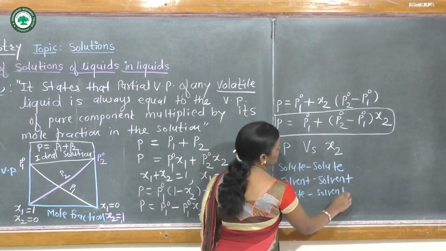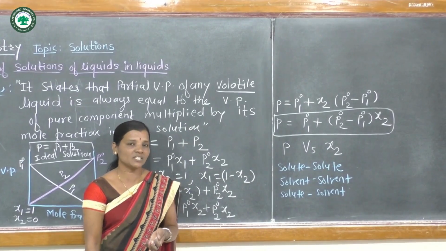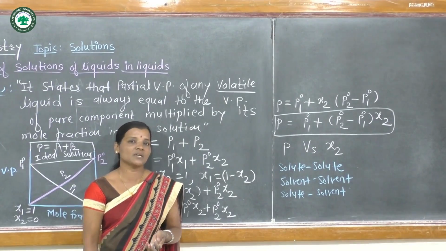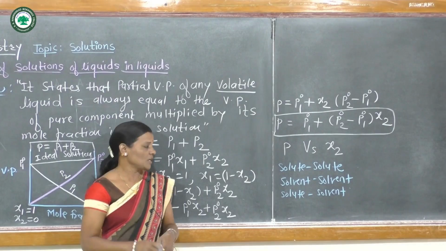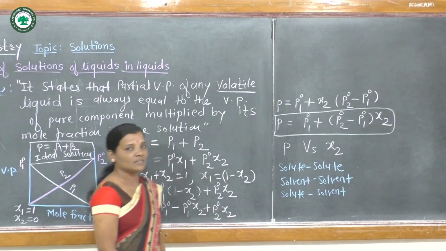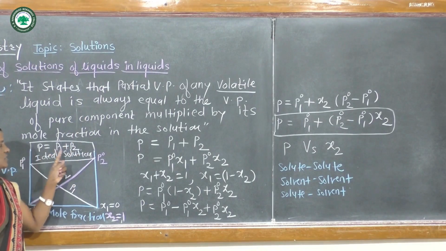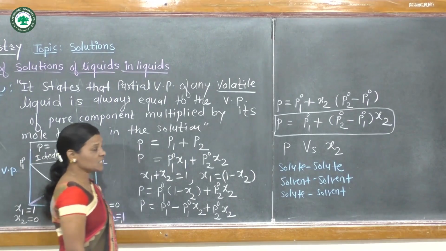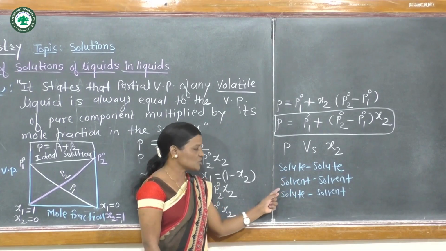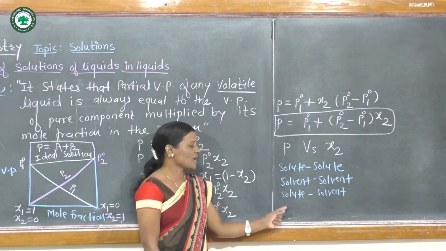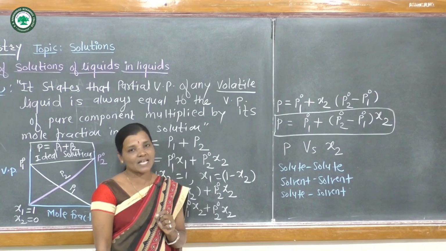Now we know that every chemical substance differs from each other. That means every substance has its own properties which distinguish them. Now as we are saying that the solution is ideal according to Raoult's law, where pressure is equal to P1 plus P2, that means in ideal solutions the solute-solute interactions, solvent-solvent interactions and solute-solvent interactions should be comparable or exactly equal.